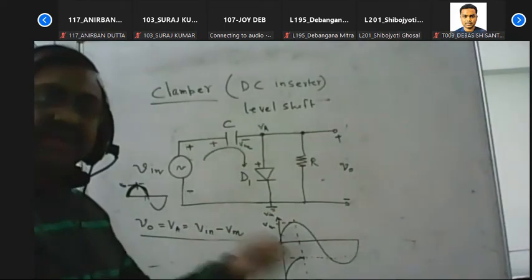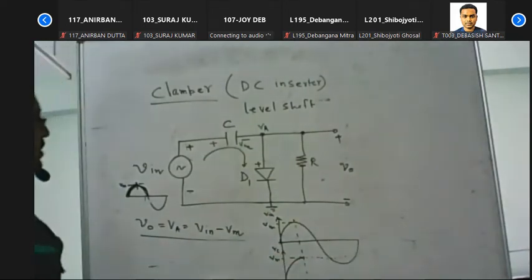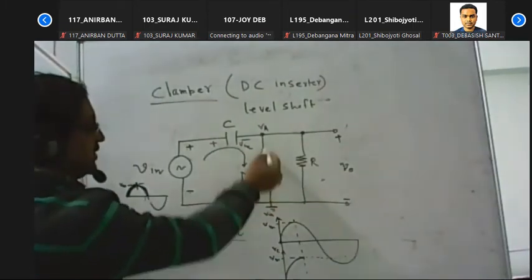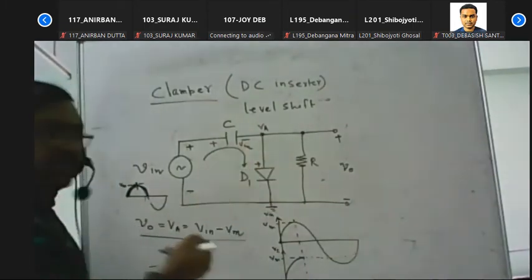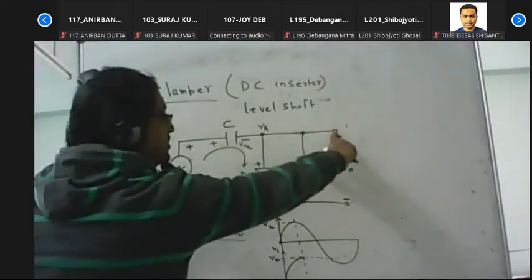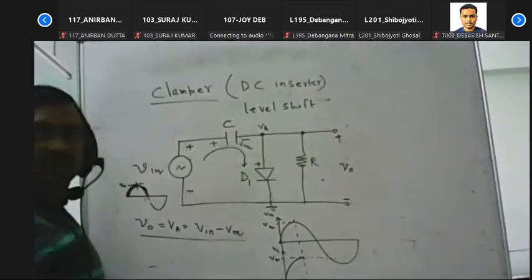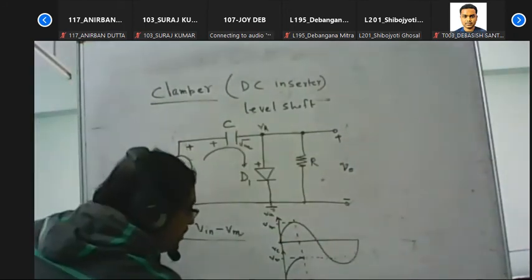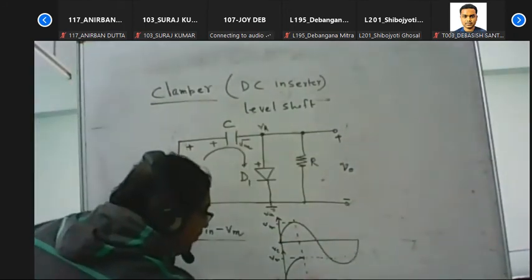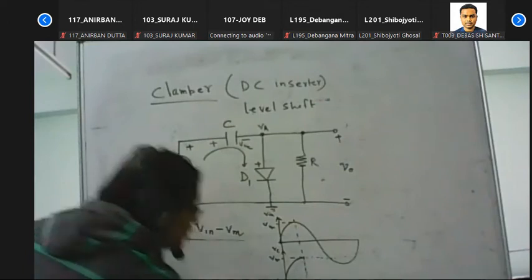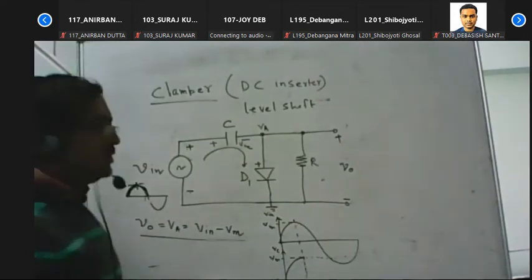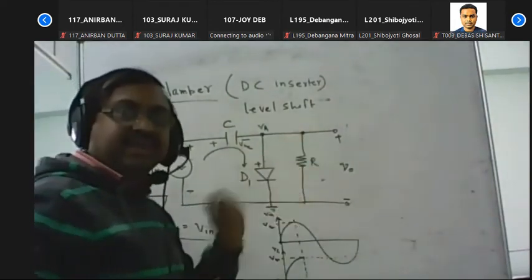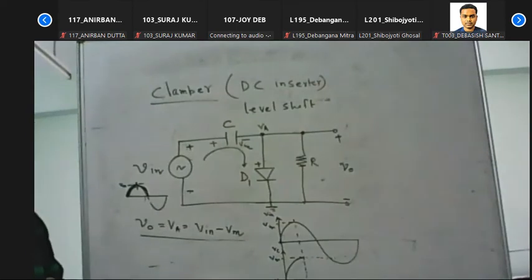So if the voltage across the capacitor is constant, then what is the output voltage? Only for the first half cycle, the diode D1 is on. D1 on means the diode is a short circuit element. So if you draw the output voltage, then for the first half cycle it is 0. But after that, that voltage equals Vin minus Vm.